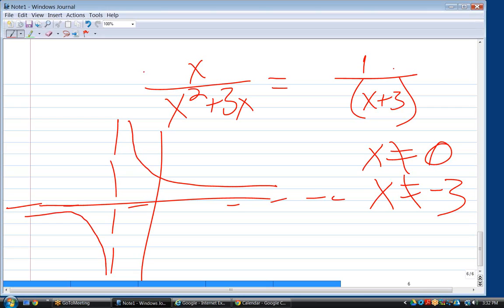But in this particular case, there's going to be a hole right there, to indicate that I can never let x be equal to 0. Now, if you graph this on your calculator, or if I were to pull it up on Wolfram Alpha, it's not going to show that hole.